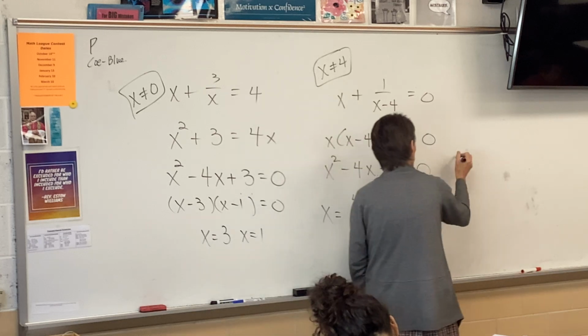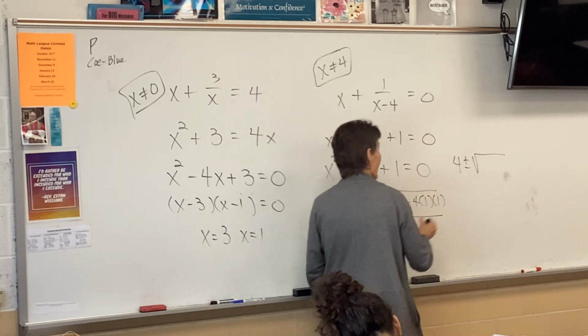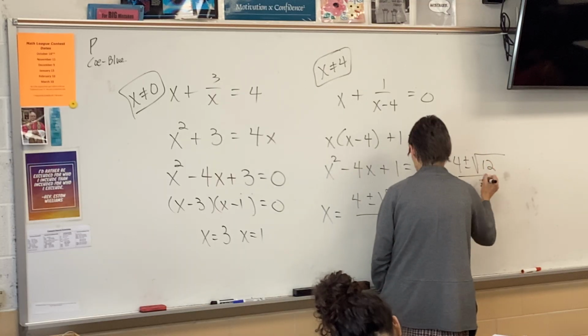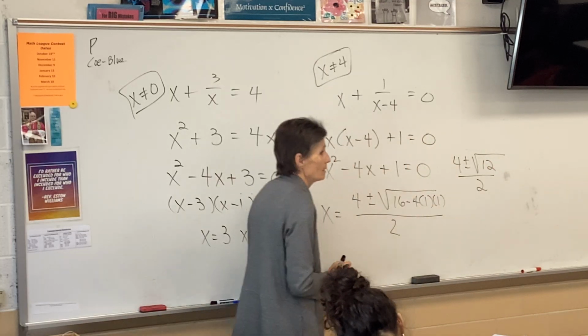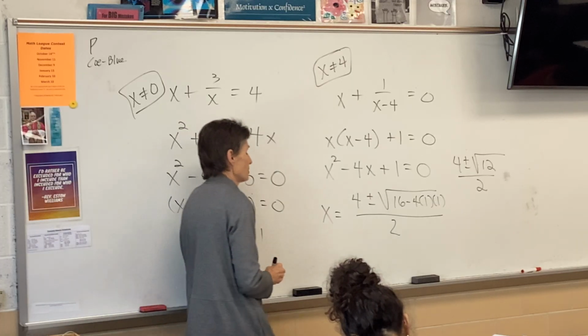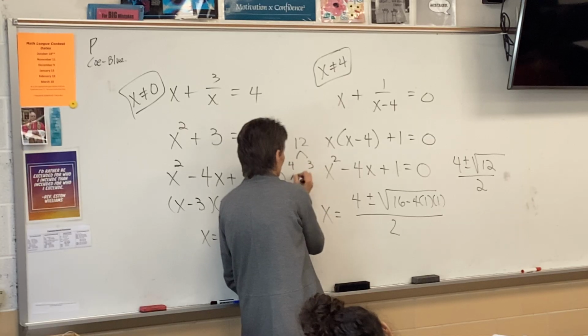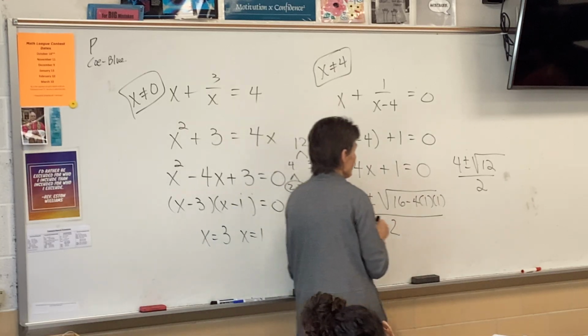So 4 plus or minus the square root of 12. And the square root of 12 is 2 root 3.